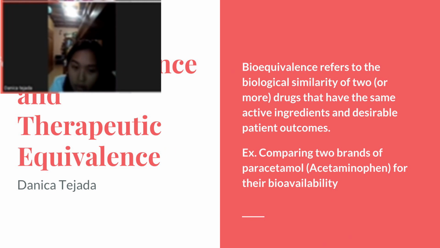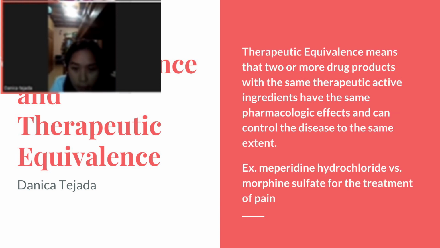And in therapeutic equivalence, it means that two or more drug products with the same therapeutic active ingredients have the same pharmacologic effects and can control the disease to the same extent. For example, meperidine hydrochloride versus morphine sulfate, it is for the treatment of pain.